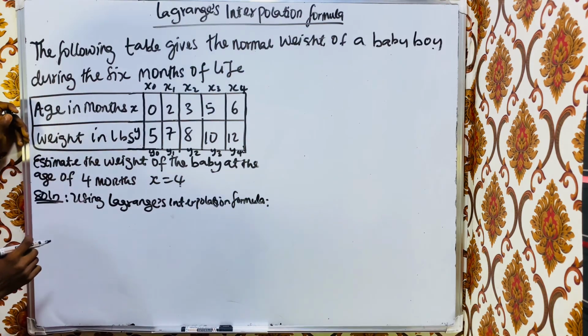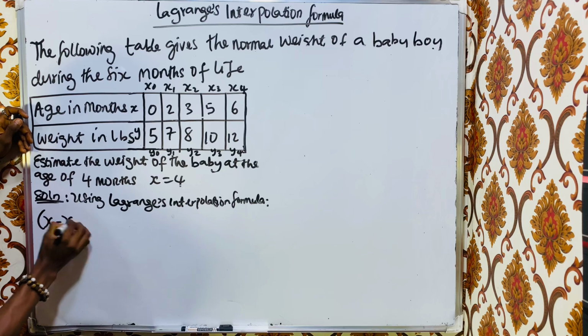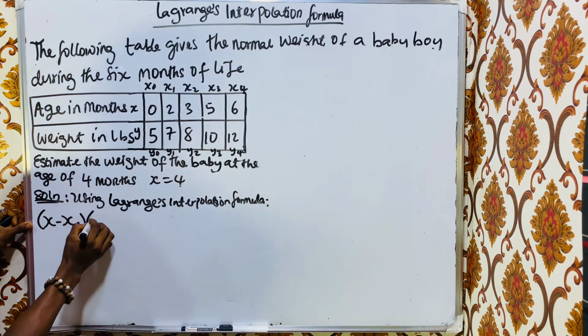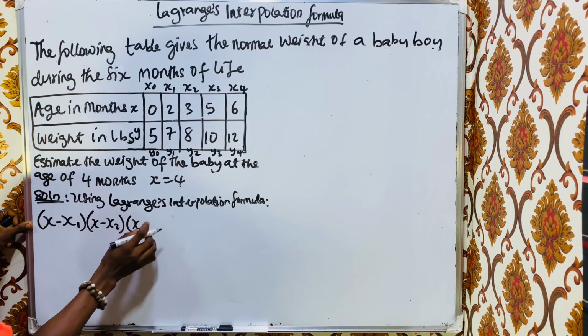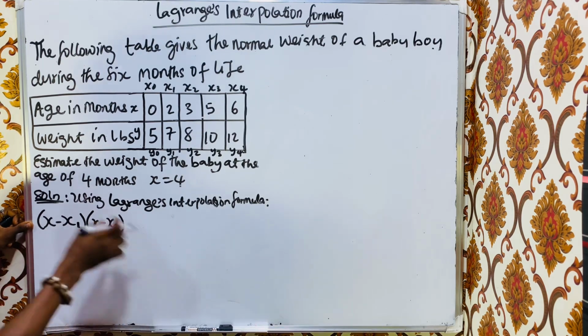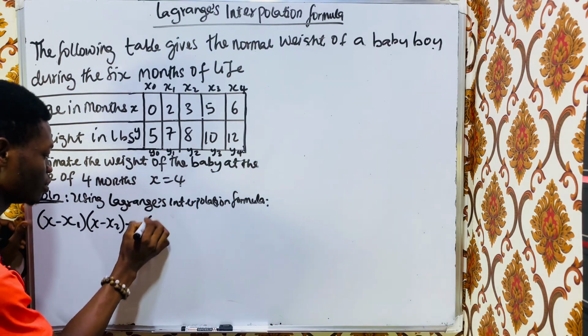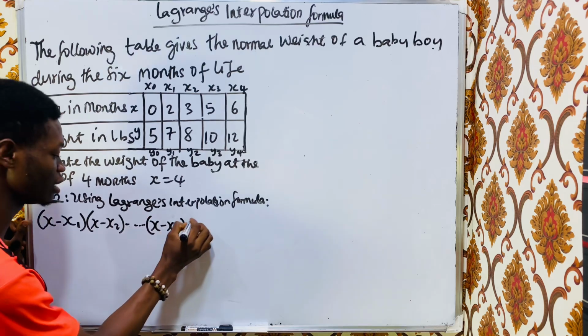The formula goes like this: x minus x1, then x minus x2, then if you still want, you can write x minus x3, but I want to just put dot dot dot x minus xn. This xn settles the case.